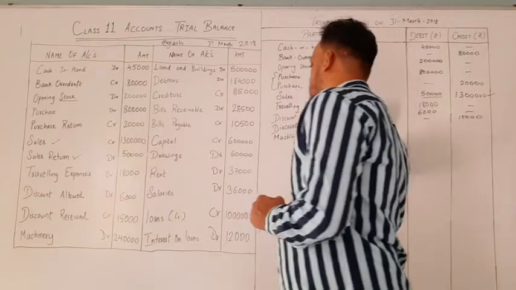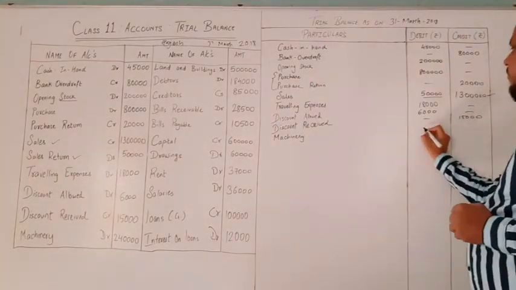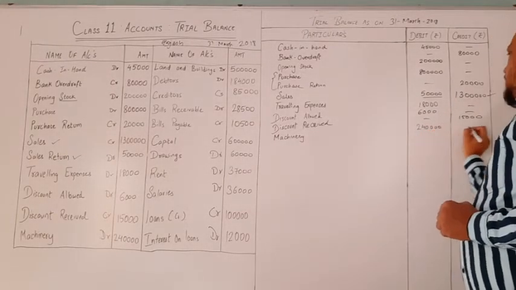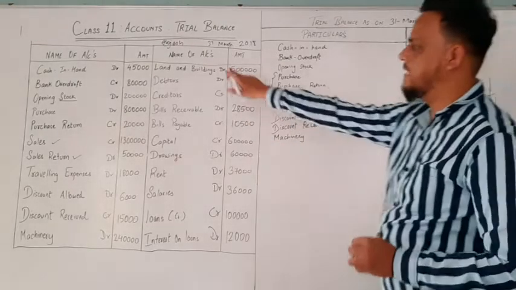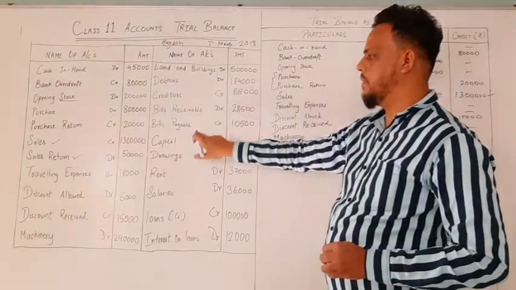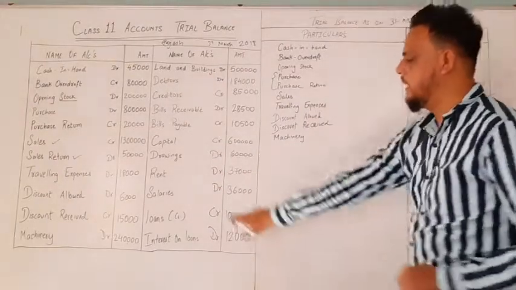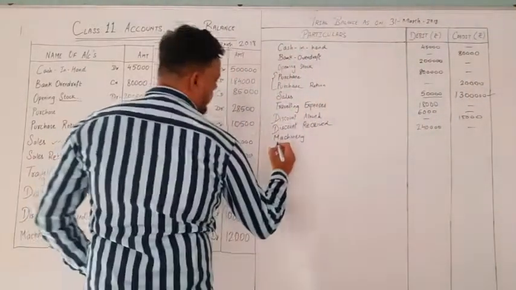Machinery account: machinery means 2,40,000 as it is on the debit side. Then I can carry forward land and buildings, debtors, creditors, bills payable, bills receivable, capital, drawings. Till here I can do a basic transactions paper.